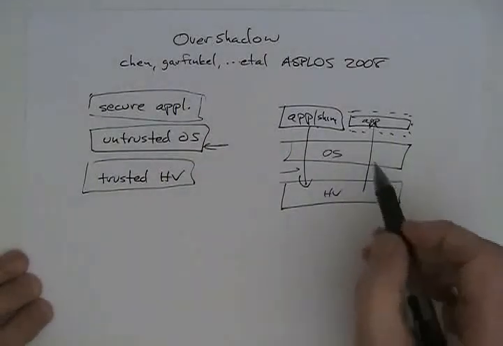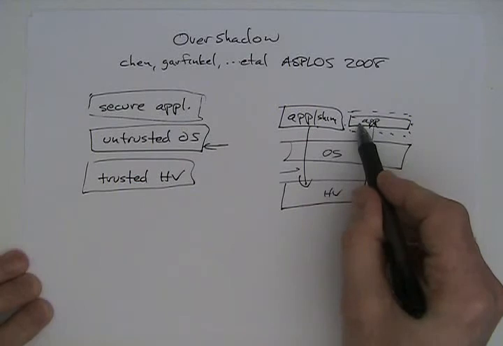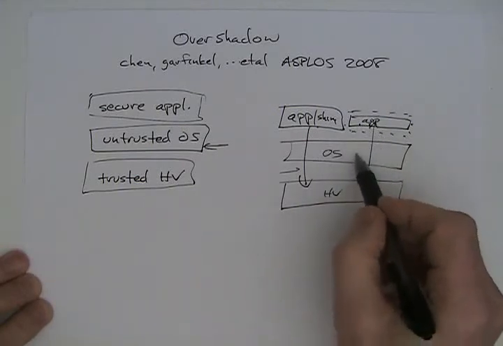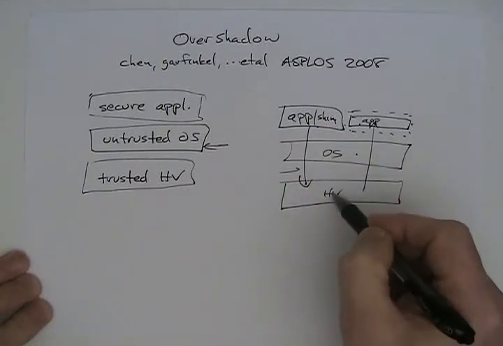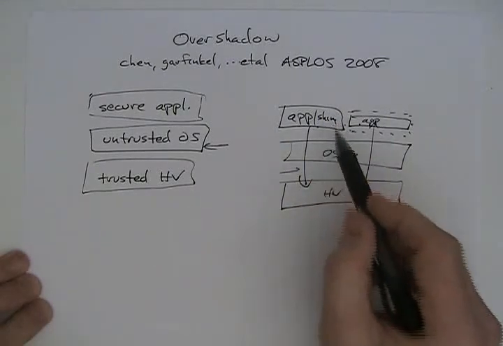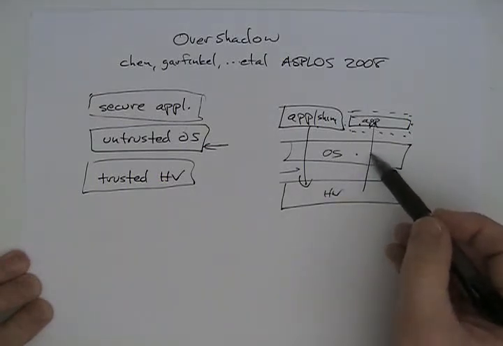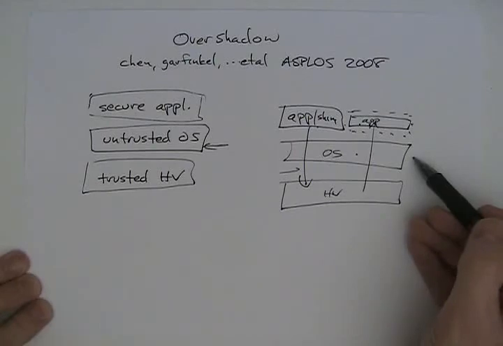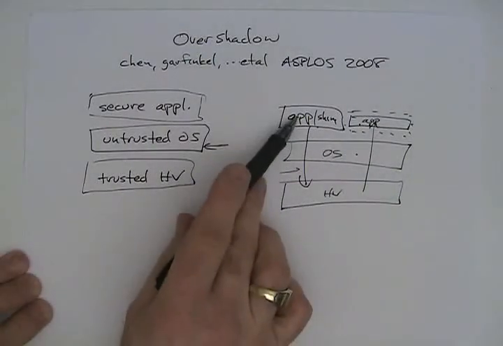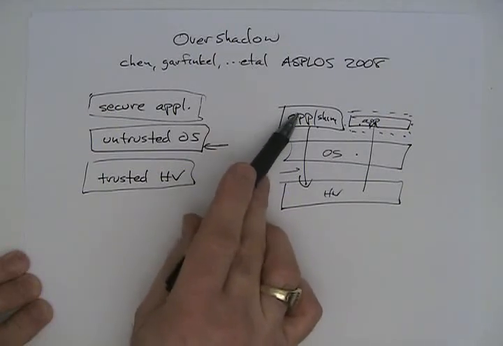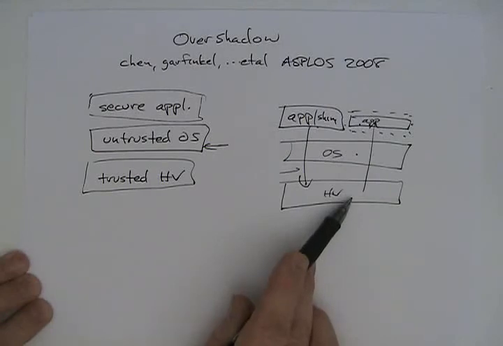And then whenever we switch from this application to the guest OS, and remember, any such switch has to go through the hypervisor, because the guest OS is running in what it thinks is supervisor mode. So to transition from emulated user mode to emulated supervisor mode, we have to go through the hypervisor.